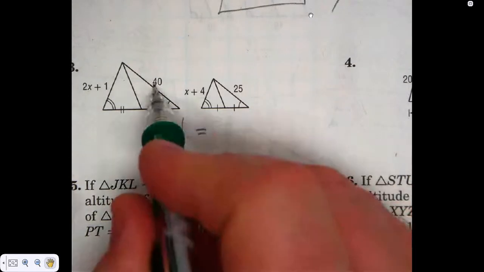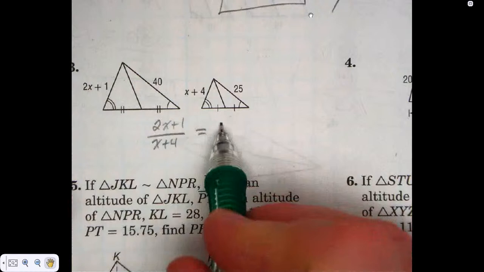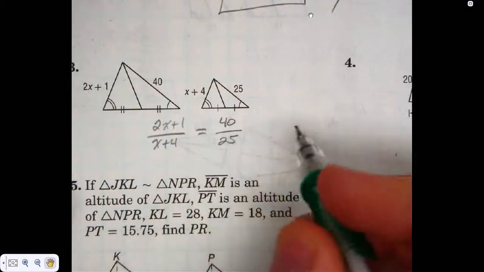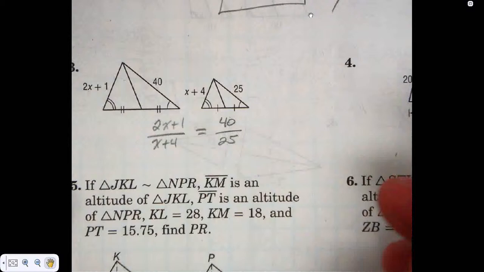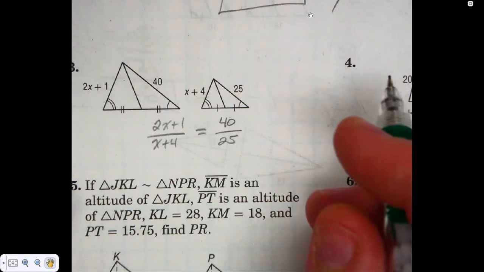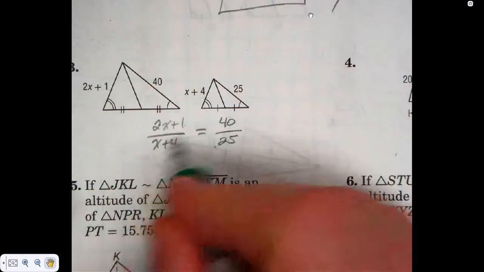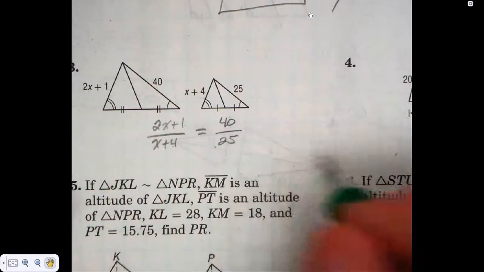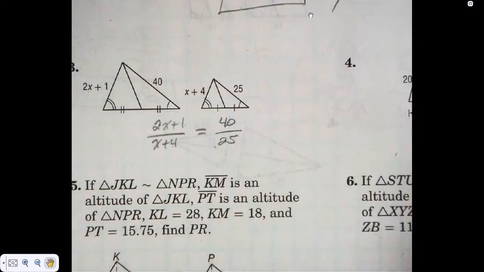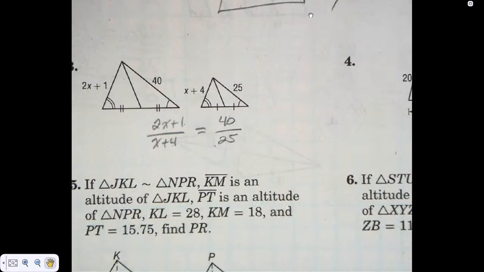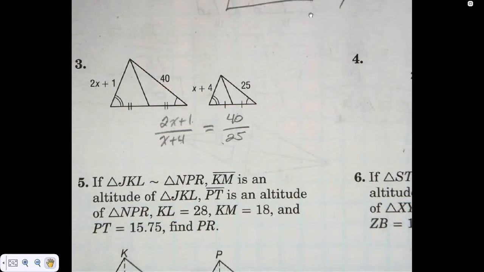Well, which one would I do first? 40. I did the 2x plus 1 on top, so what would need to be on top over here? 40 over what? Now I just have a big, ugly proportion to solve, don't I? I'm just going to multiply the 25 times the 2x plus 1, and the 40 times the x plus 4. And then I'll solve that equation. Any questions there? This isn't hard at all, is it? We're just adding some things that are proportional.